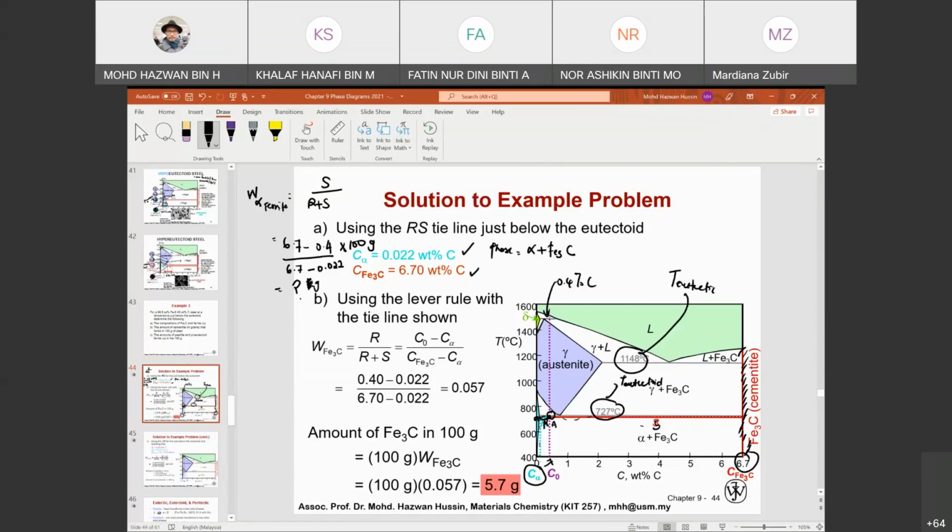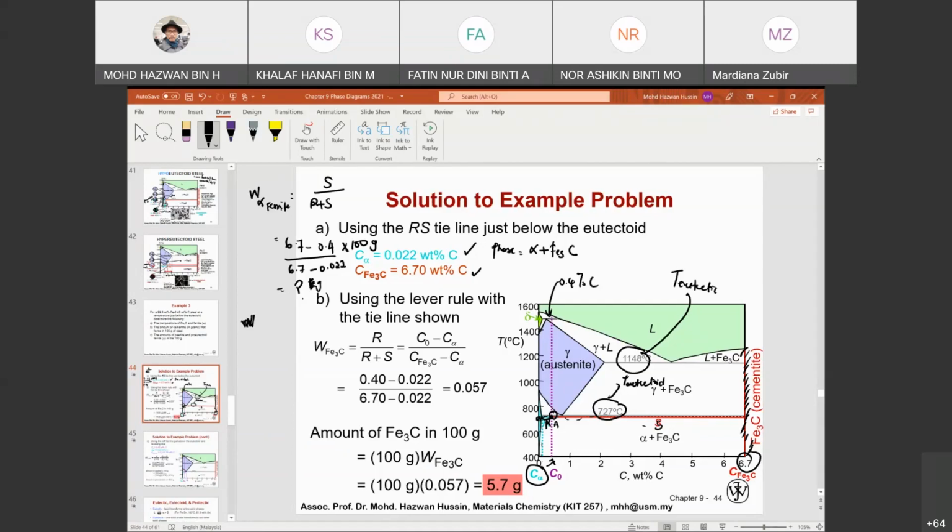Okay, and the question is asking what would be the formation or the mass of cementite. So we are looking at another one, WFe3C. Cementite is located on your right hand side. The opposite line will be R over R plus S. So what is R? R is 0.4 minus 0.022, divided by the tie line, 6.7 minus 0.022, times 100.